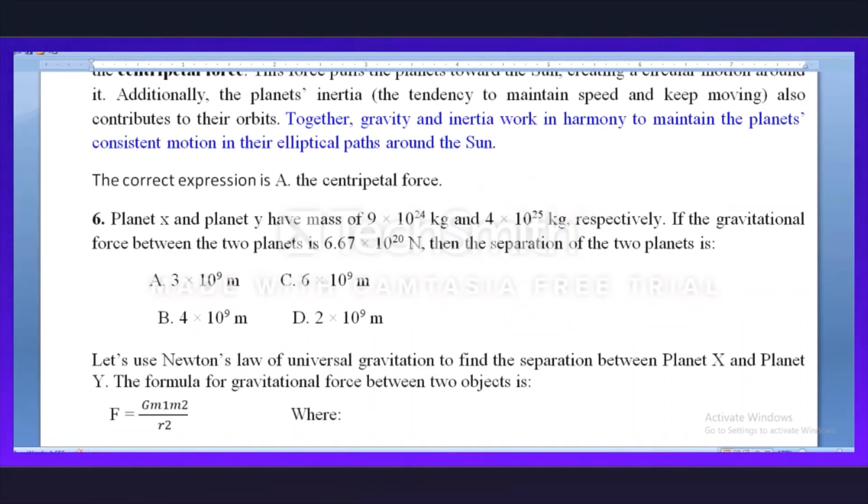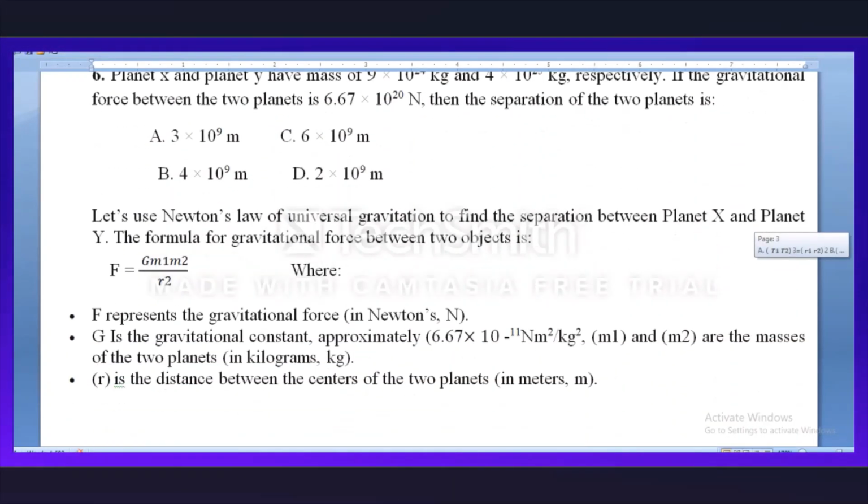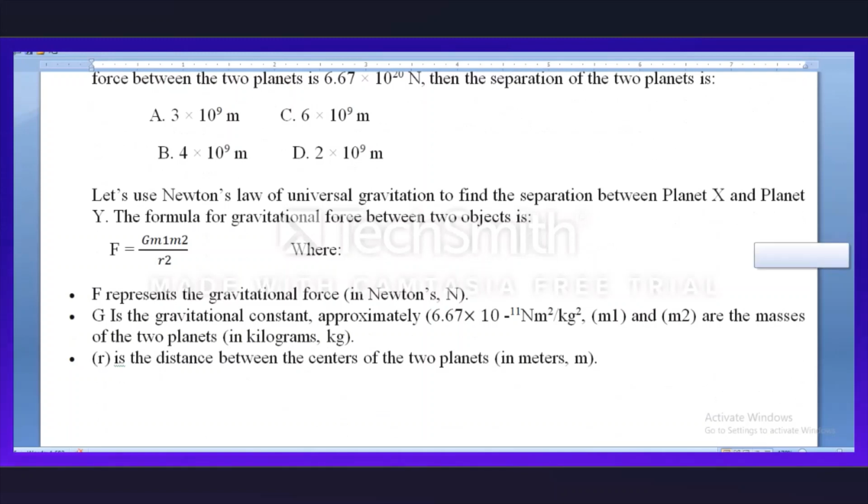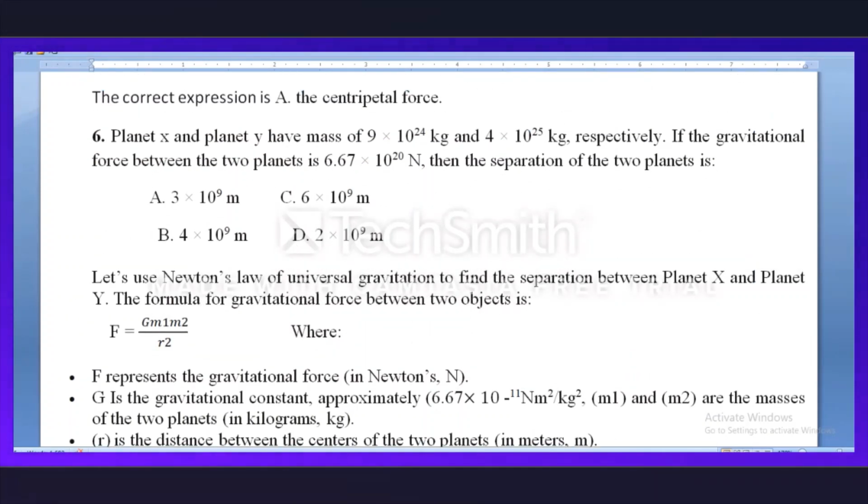The next one, question number 6. Planet X and planet Y have masses 9 times 10 to the power of 24 and 4 times 10 to the power of 25 kilograms respectively.